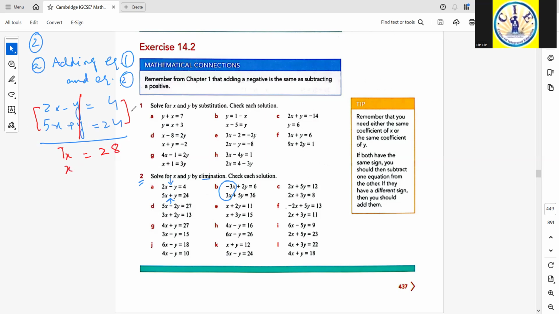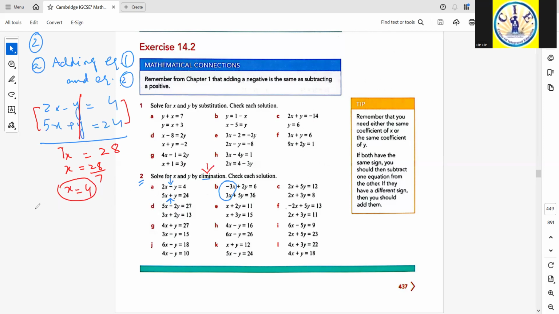Now you see the variable y has been eliminated. So the value of x will be 28 divided by 7, that is 4.